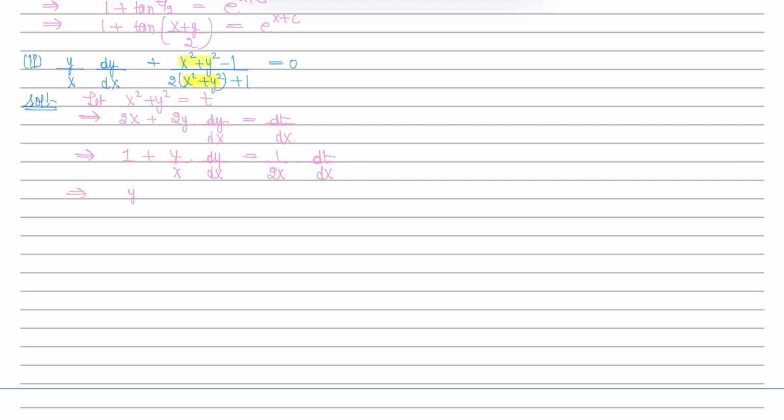Finding the value of y by x into dy by dx is equals to 1 upon 2x dt by dx minus 1. Now the given differential equation y by x into dy by dx plus x square plus y square minus 1 divided by 2 times x square plus y square plus 1 is equals to 0.